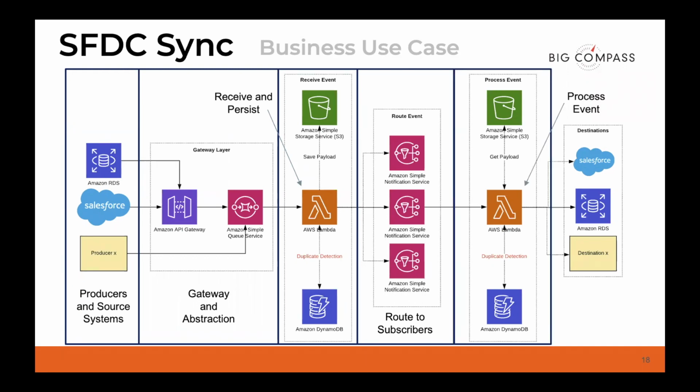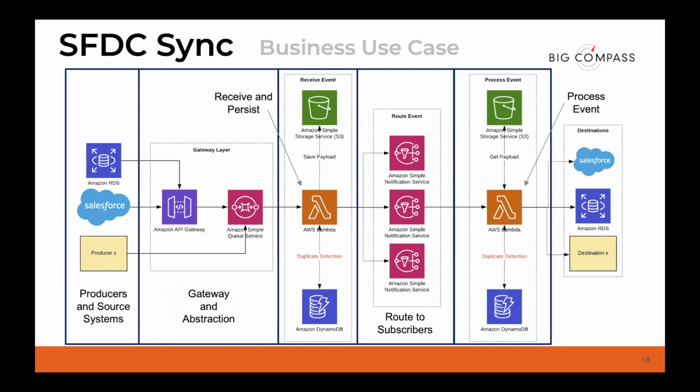And moving to the right-hand side of the screen, we now have a process event layer. On the other side of the topic, on the subscription side, we now do something similar. We get the payload that was stored in S3 earlier on in the system, and we do duplicate detection again.